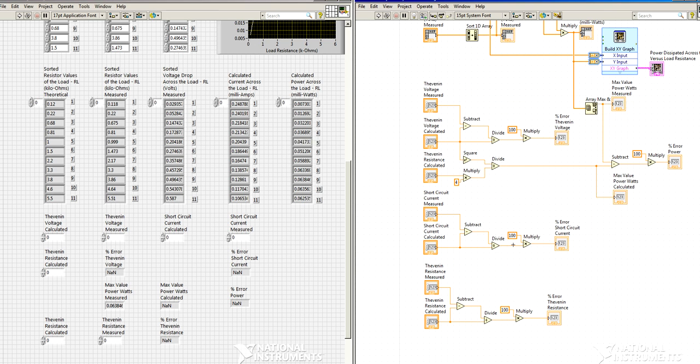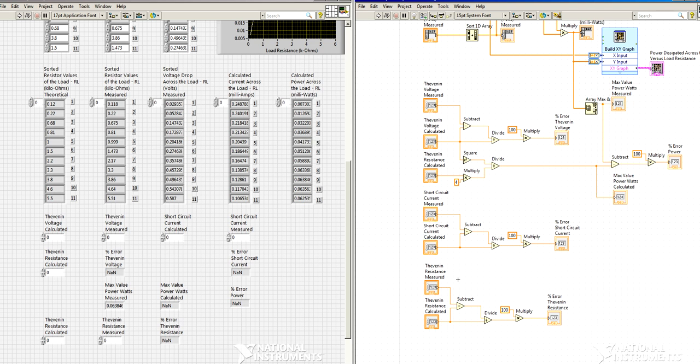Similarly, as we ran through in figure 10, the difference is taken between the short circuit current measured versus the calculated value. The difference is then divided by the short circuit current calculated value multiplied by 100 to give us the percent error for the short circuit current.